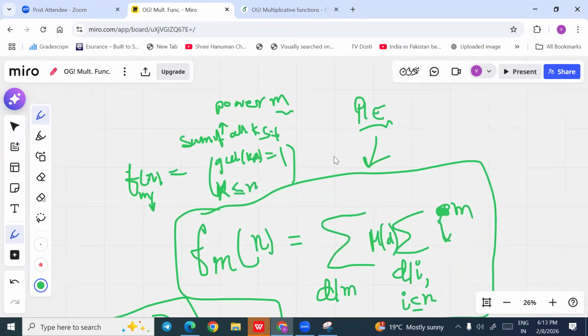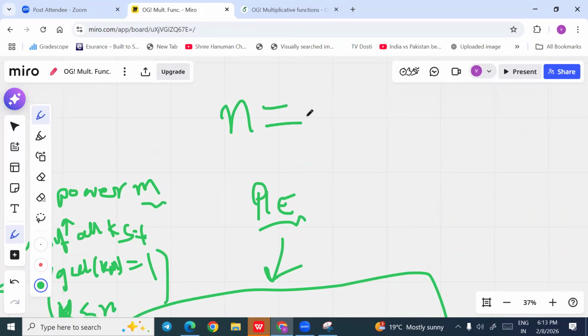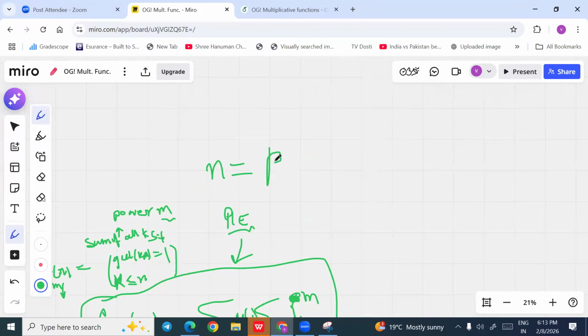So if we try to use the principle of inclusion exclusion, then we indeed need to consider first the prime factorization of n. So n is p1 to the alpha 1 times p2 to the alpha 2 times pk to the alpha k. Suppose this is the prime factorization of n.